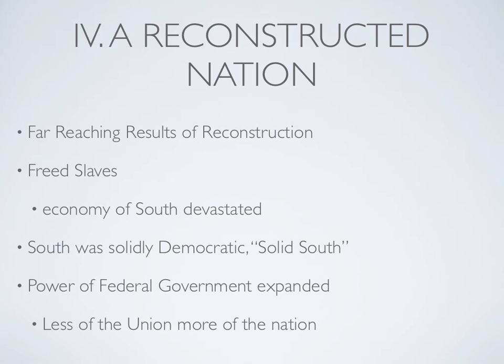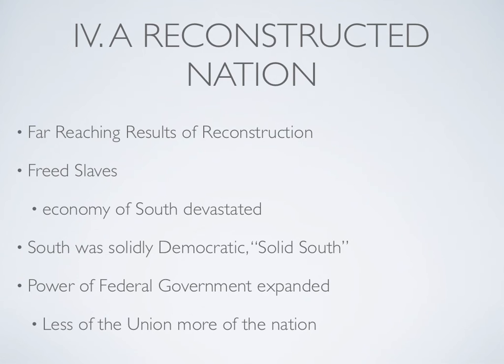Okay, this is the little bit that's on section 4 because it's only about a page and a half. So we want to just look at what were the far-reaching results of Reconstruction. Well, one, the slaves are freed. The economy of the South is devastated, and it has to try to rebuild, and we've looked at things like sharecropping that replaces that slavery system, but the South doesn't really turn away from its agricultural roots.